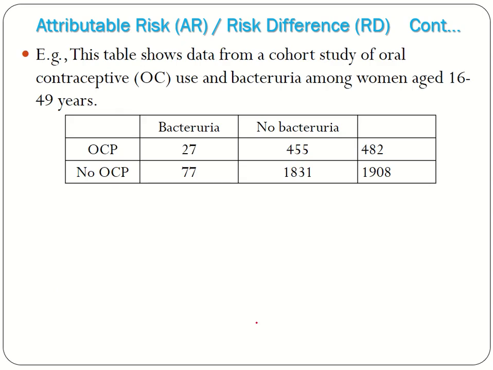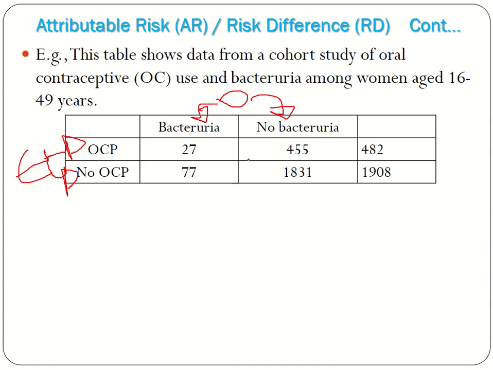So let's see an example. This table shows data from a cohort study of oral contraceptive pill users and bacteriuria development among women aged 16 to 49 years ሪፕሮዳክቲቭ ኤጅ ግሩፕ ላይ ያሉ ኦራል ኮንትራሴፕቲቭ ፒል የሚጠቀሙ ሴቶች ላይ ያለ የባክቴሪዩሪያ ወይም ዩሪናሪ ትራክት ኢንፌክሽን ልንለው እንችላለን ኢፌክቱ ነው እያያለው። So this is the outcome ባክቴሪዩሪያ ያላቸው እና የሌላቸው, this is the exposure ኦሲፒ የተጠቀሙና ያልተጠቀሙ.